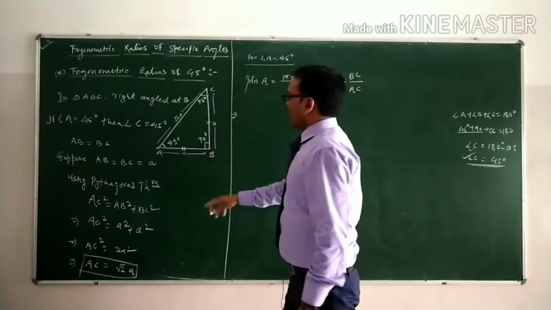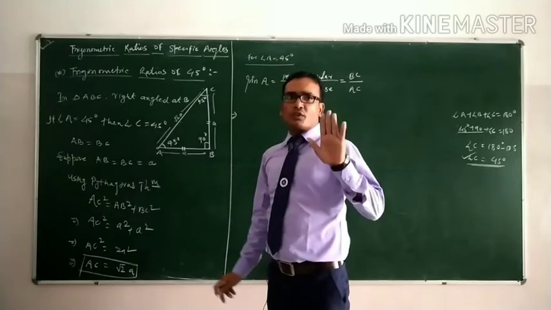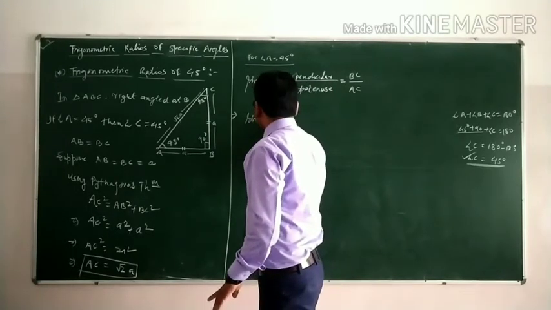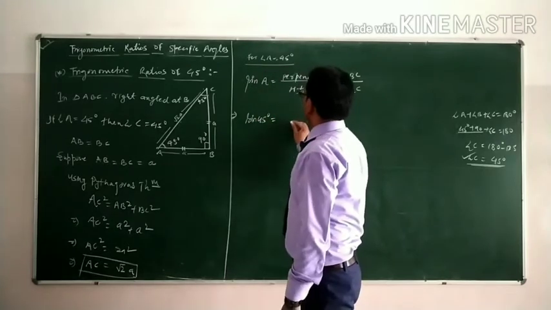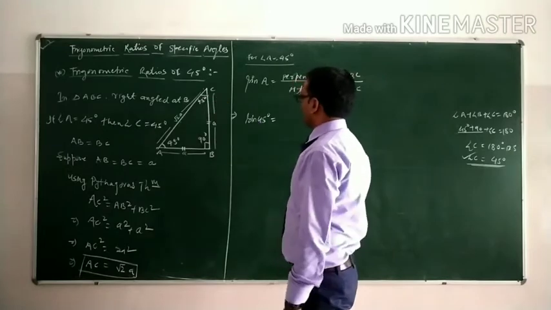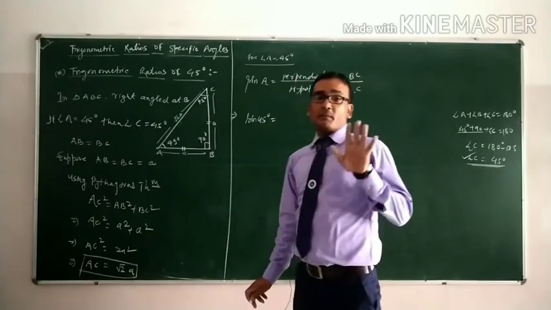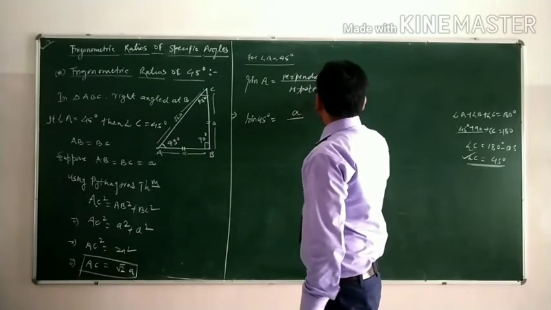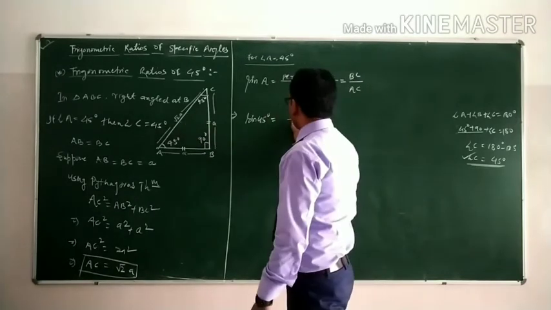If you take the value of angle A equal to 45 degree, then sine 45 degree is equal to perpendicular side, that means BC. What is the value of BC? BC is a and AC is square root 2 a.